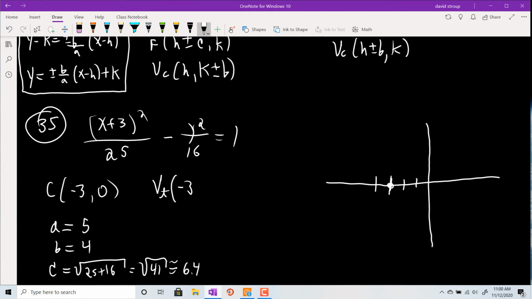So it'll be negative 3 plus or minus 5 comma 0. So 1, 2, 3, 4, 5 is one of the vertices. And then we need to go a little bit more for the focus, 6, 7. 1, 2, 3, 4, 5 for the vertex, 6, 7 in there for the foci.